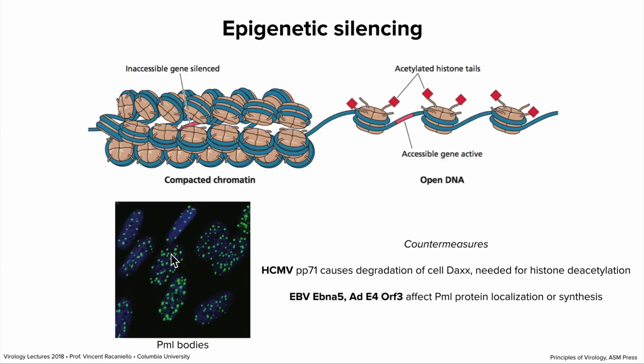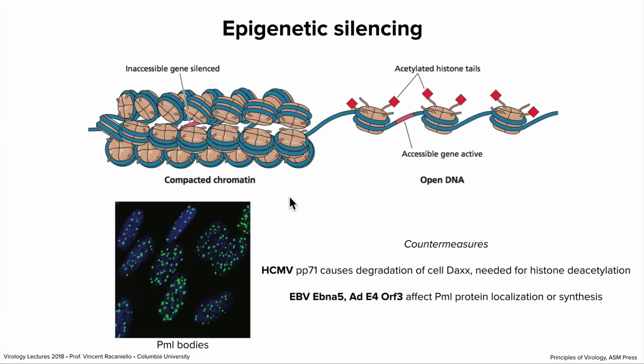And you can see these green punctate dots in the nucleus are areas where these proteins are focused, and they lead to deacetylation and silencing of chromatin. So again, the idea is that a virus infects a cell, the DNA goes in the nucleus, it's silenced by these mechanisms, and one of them is incorporation into these PML bodies where, for example, acetylated histone tails are removed.